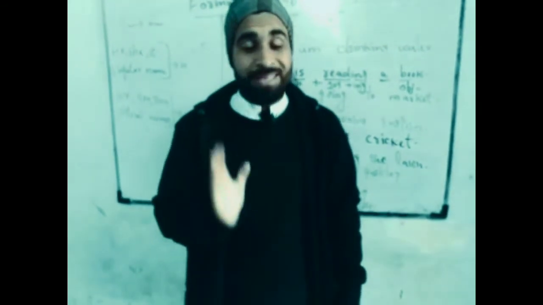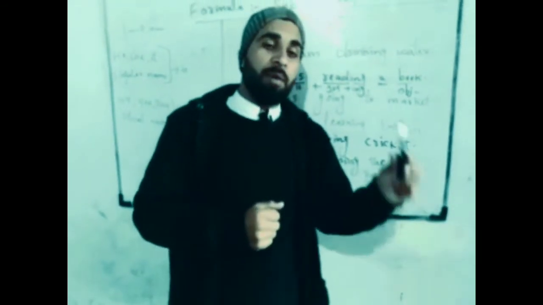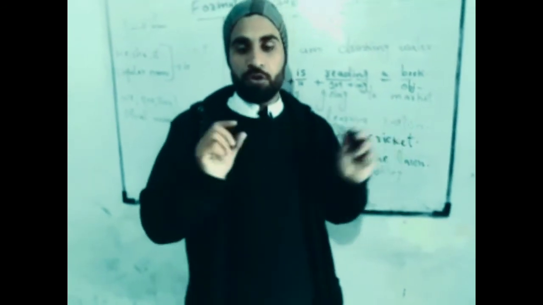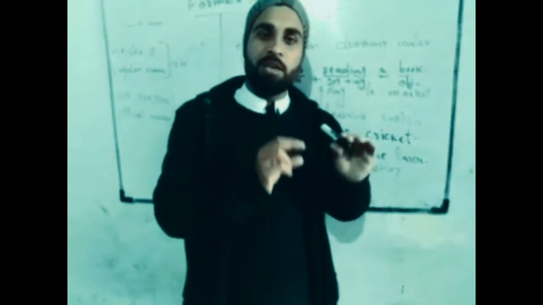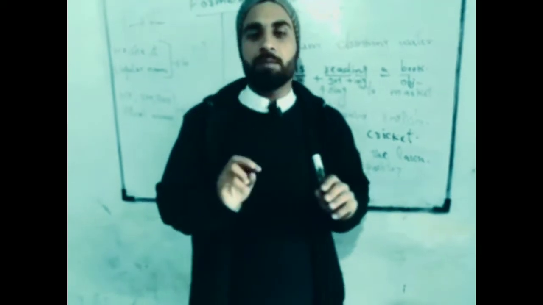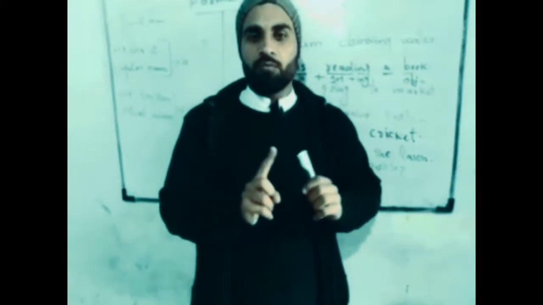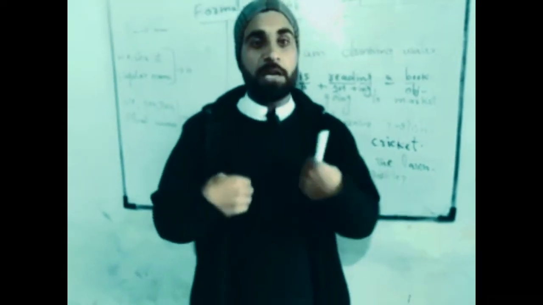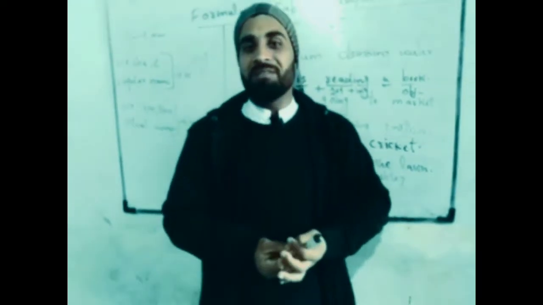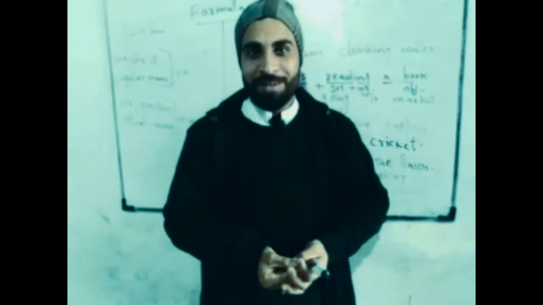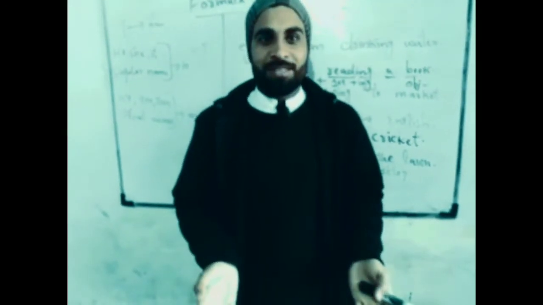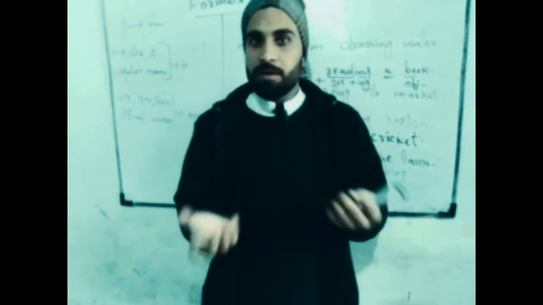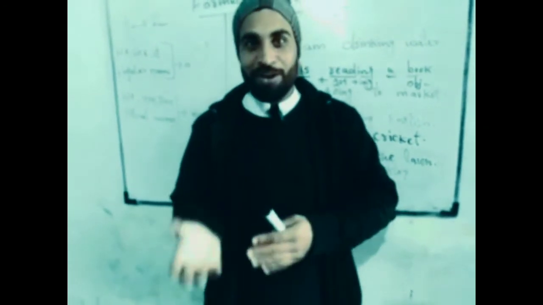So guys, please keep in mind that I have made a way of practice for you, which is yes, no and WH questions. We have two types of questions. Number one, the yes, no question, which is called a confirmational question. For example, if I ask, are you from America, and you say no, I'm not, I confirm whether you are from America or not.